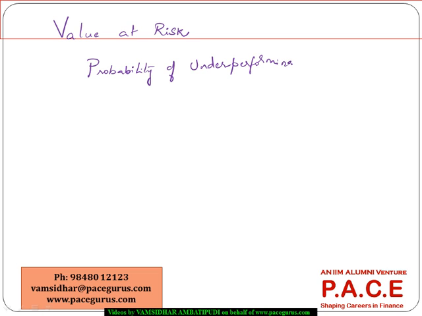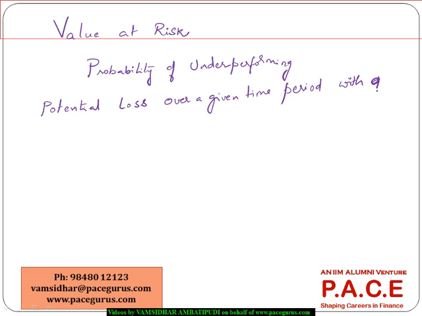The way it measures it is the potential loss over a given portfolio or over a given time period with a particular degree of confidence, let's say a 95% confidence level. So this is more in terms of amount.